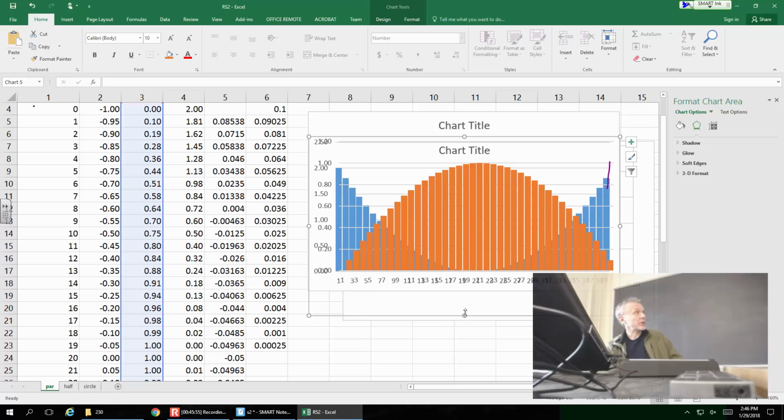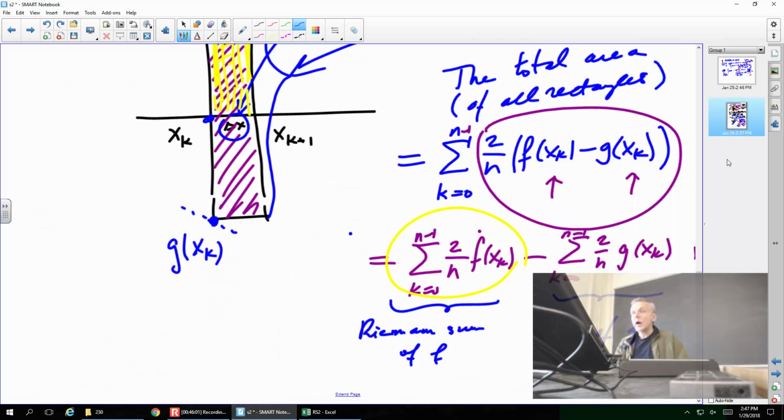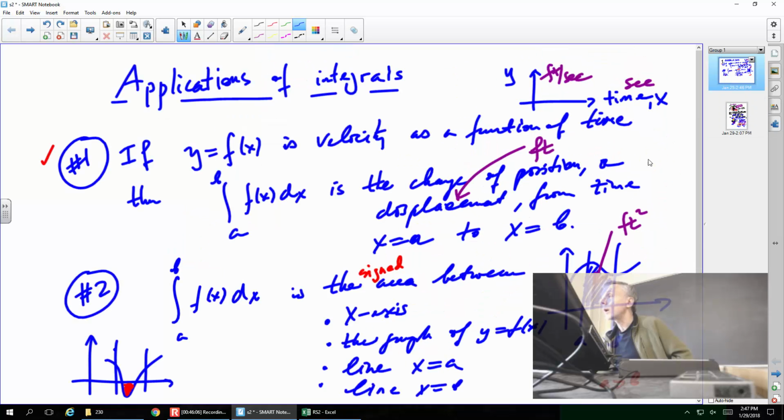What is the meaning of a negative area anyway? So I suggest to go back to what we started with today, and that is the interpretation of the integral as a displacement. Okay. So what is the meaning of two functions when two functions are present? It means that there are two, say, persons moving. We are looking at one person represented by f, and its velocity.